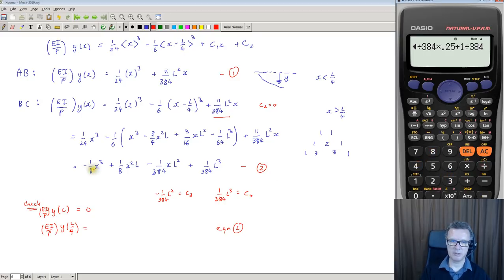I've substituted in those values using my calculator, and it says that I get 1/128.